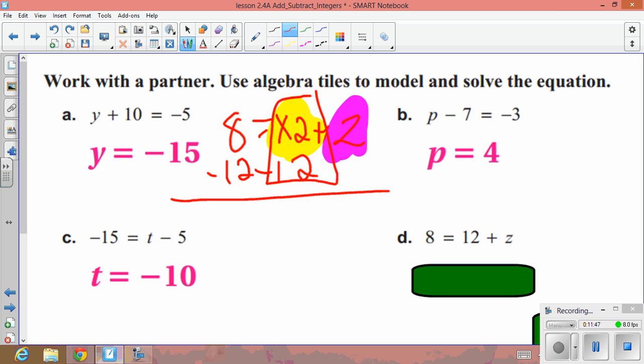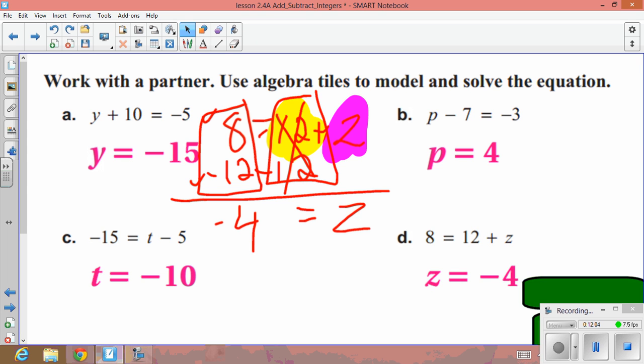These cancel, leaving me with z equals. My signs here are different, so I subtract 12 minus 8 and get 4. Since 12 gives me a larger absolute value than 8, I keep the negative. So my solution is negative 4.